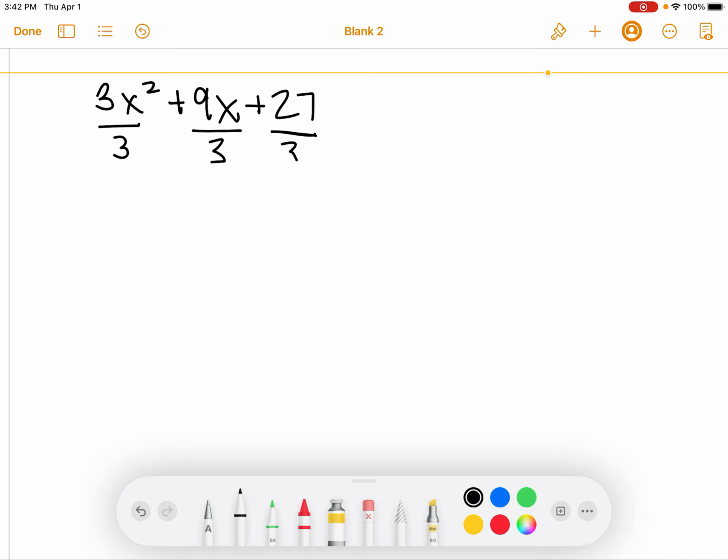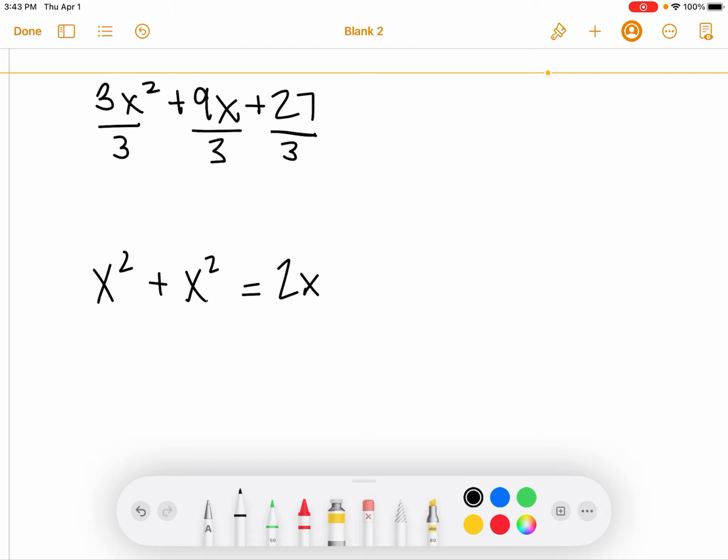As a review, let's say this was a 3, this was a 2, and then there was an x here, you could divide by x also. And just as a review of exponents: if you have x squared plus x squared, you get 2x squared.